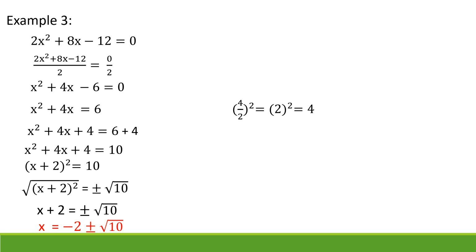Since adding or subtracting negative 2 and the square root of 10 stays the same, our final answer is negative 2 plus or minus the square root of 10, or we can rewrite this as negative 2 plus square root of 10 and negative 2 minus square root of 10.